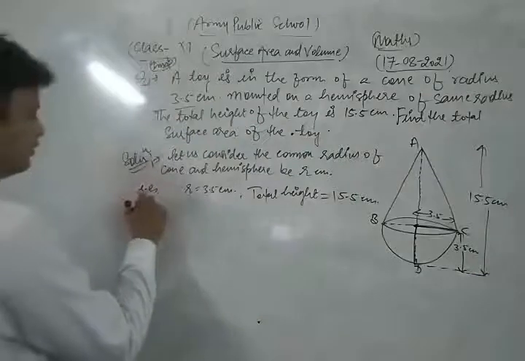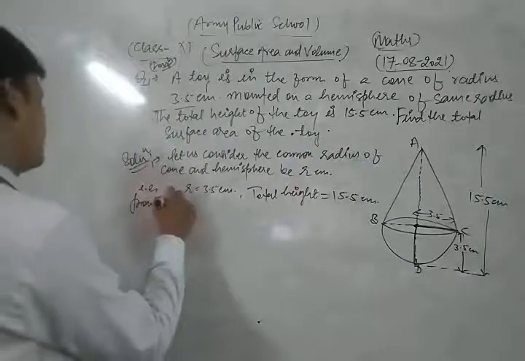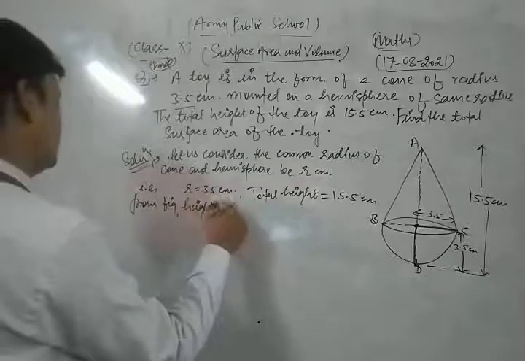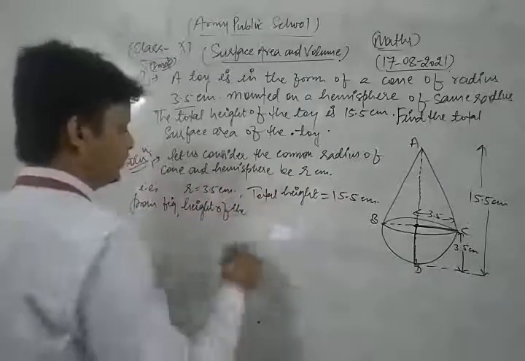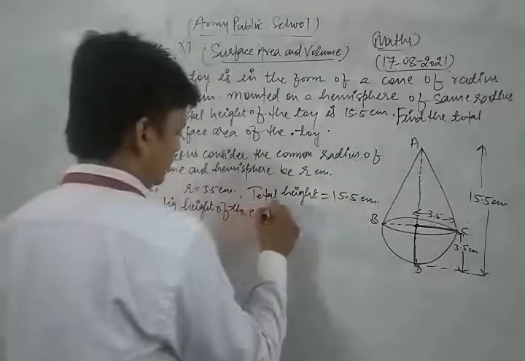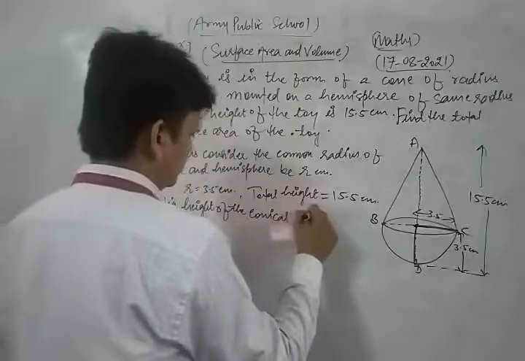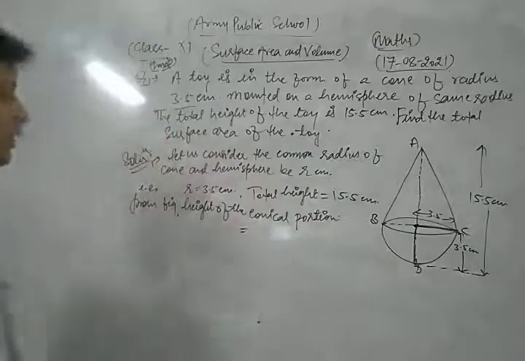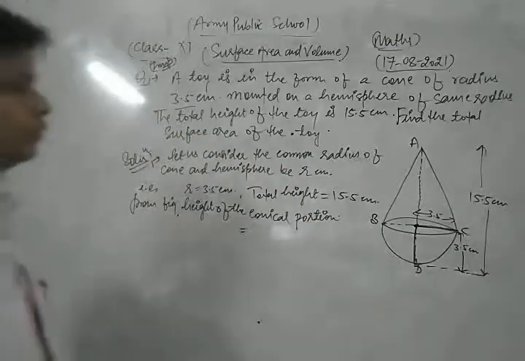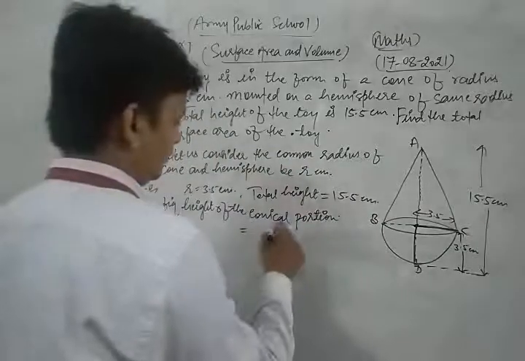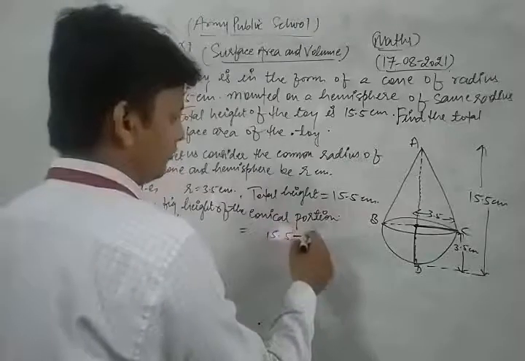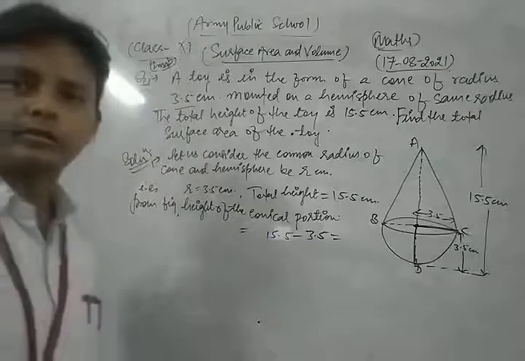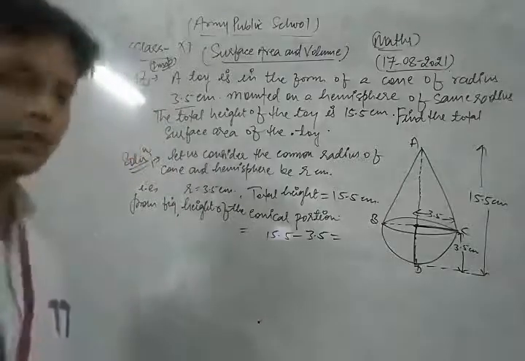From the figure, the height of the conical portion is 15.5 minus 3.5.